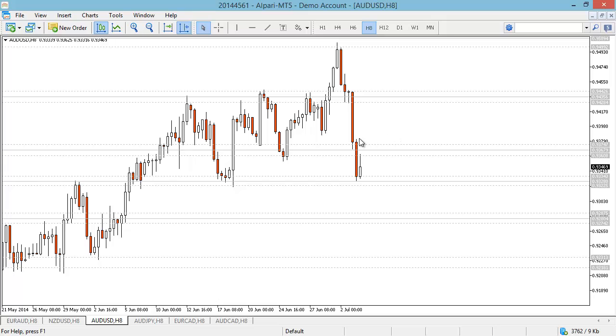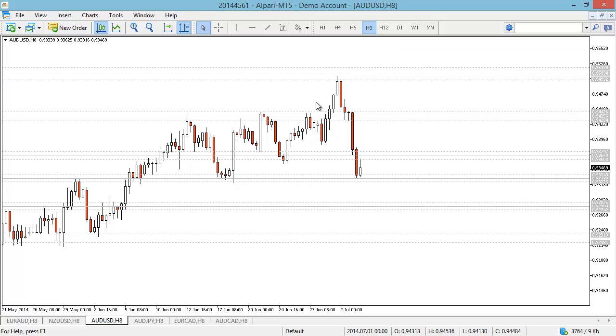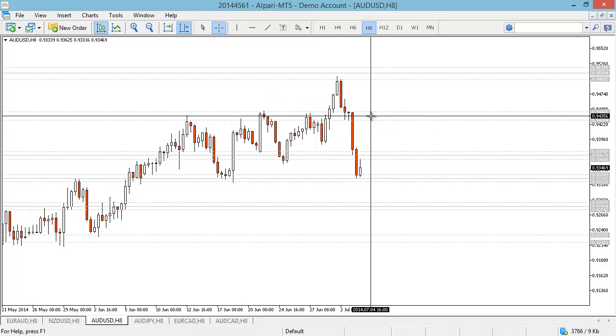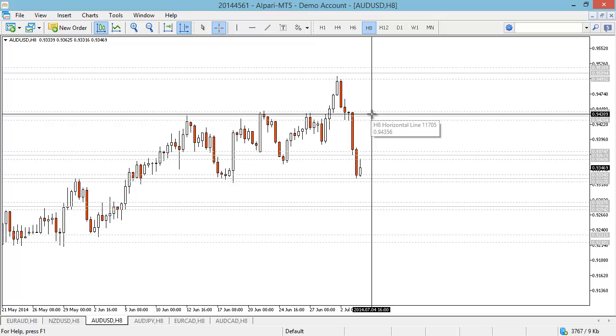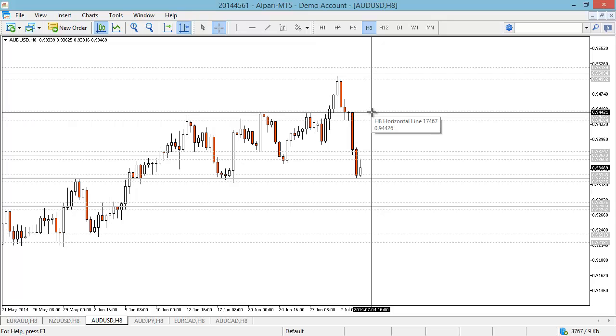Chris, if you had a buy stop at 94.40 without a stop loss, you'd have been screwed. Here, 94.40. Yeah, it was kind of crazy this week. I wasn't expecting much trading this week, to be honest, because on NFP week markets tend to slow down.